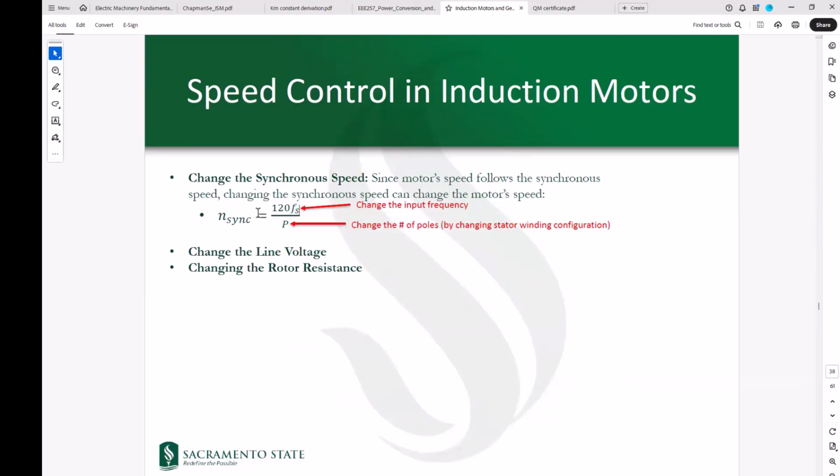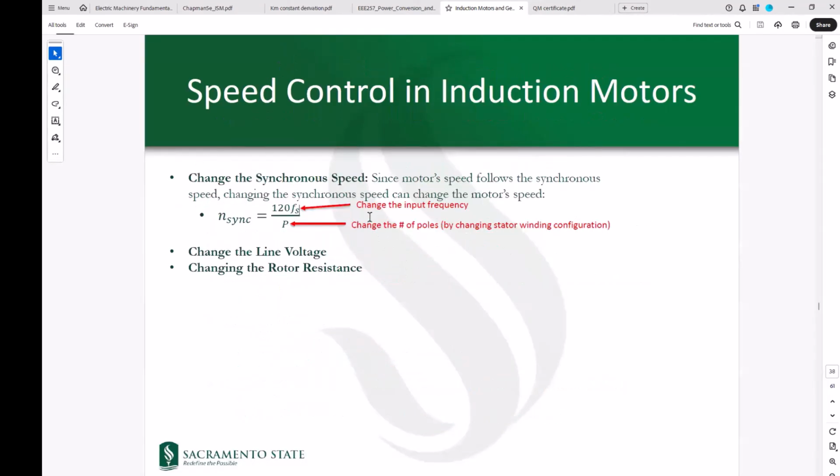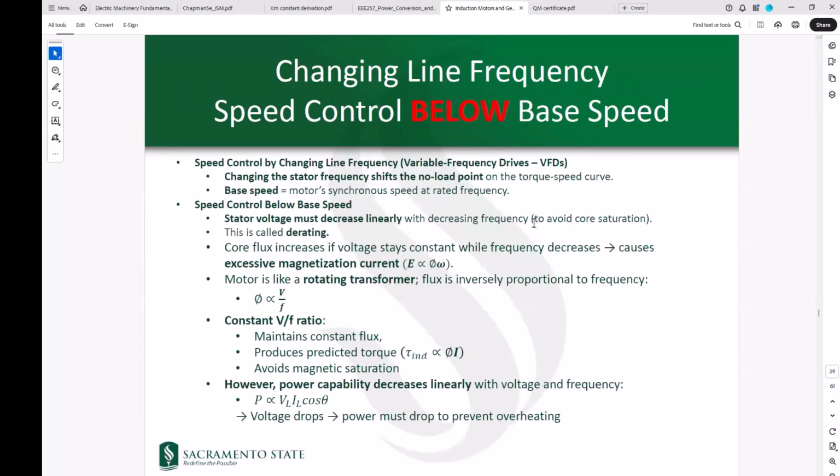If you lower the input frequency, you reduce the synchronous speed, and so you reduce the speed also. In order to do that, you need to also reduce the voltage value on the source. This approach is called derating, because you are decreasing both the frequency of the source and the voltage of the source.